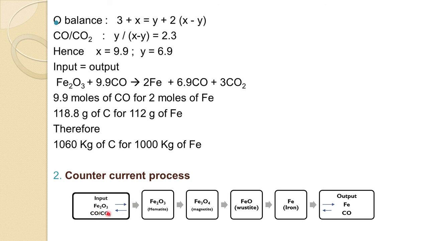And so, you have to maintain, and because the burning of coke is occurring here and which produces CO with a very high percentage, so you already have that high CO-CO2 ratio, which will reduce the FeO into iron.